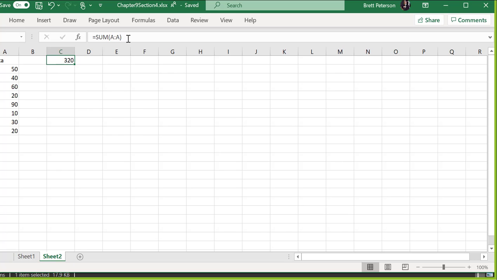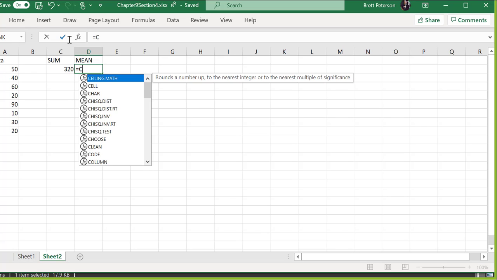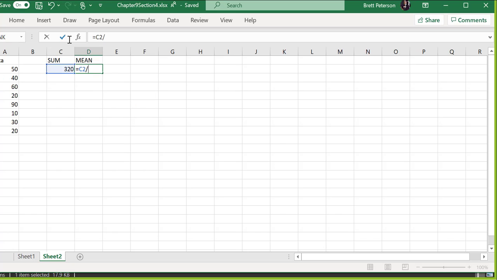So, sum. We get 320. Then our average, or our mean rather, would be our sum that we just calculated, C2, divided by the number of data points, which is 8.